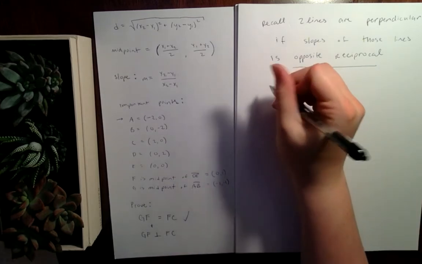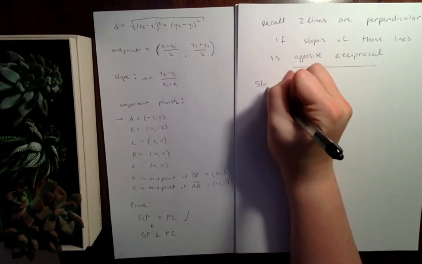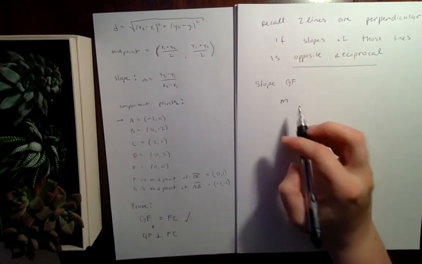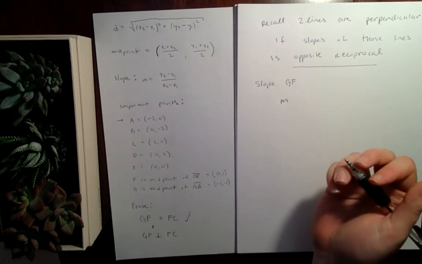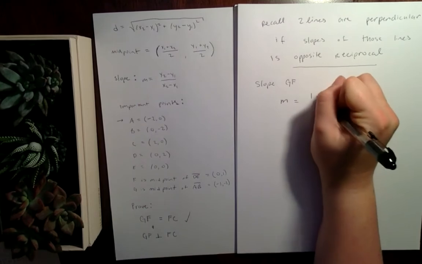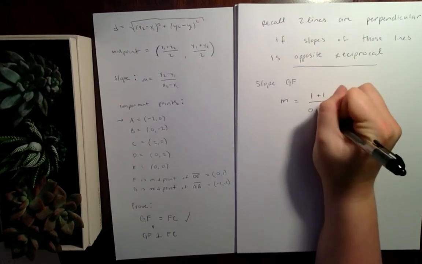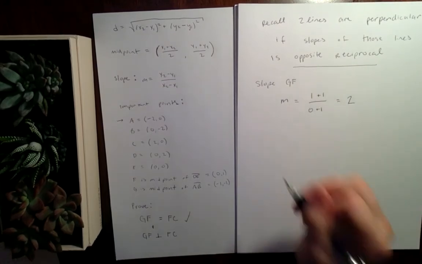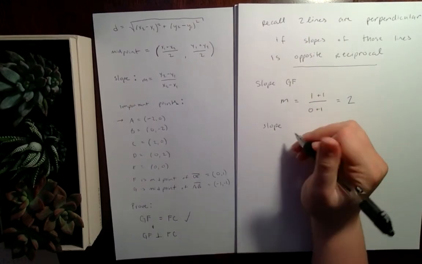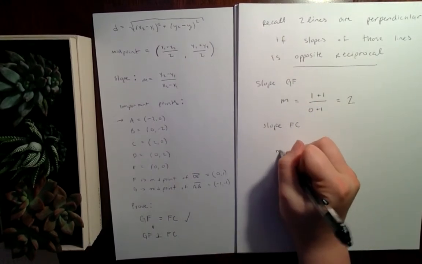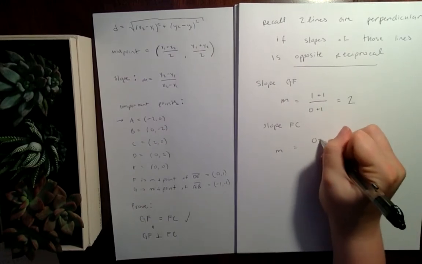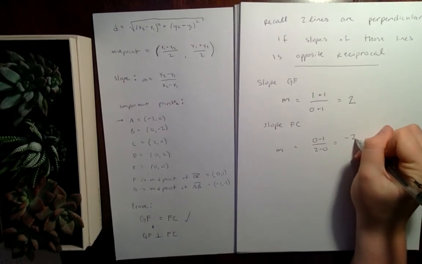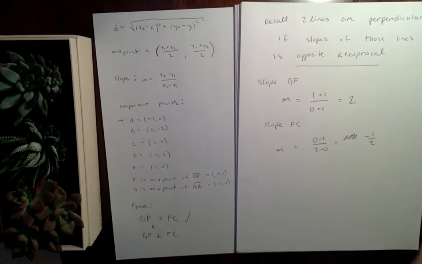So we're going to find the slope of GF. So slope, we usually substitute that lowercase m in for, and this is equivalent to 1 plus 1 over 0 plus 1, which ends up equaling 2. And then we have the slope of FC, which we have 0 minus 1 over 2 minus 0, which is equal to negative 1/2.